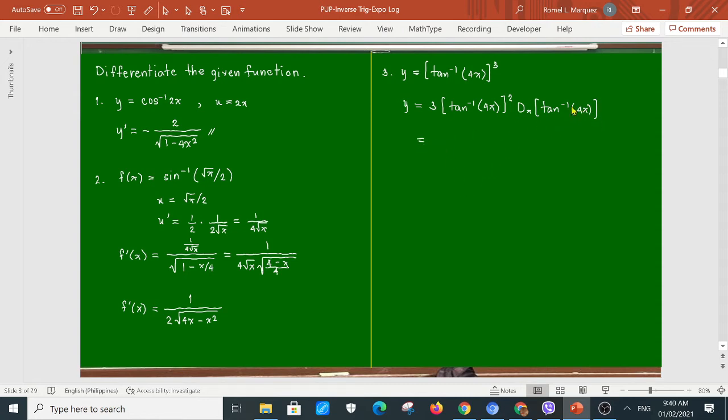But what is the derivative of inverse tangent? From there we can now apply directly the formula for the derivative of inverse tangent. And that is derivative of 4x, which is 4, over 1 plus the square of 4x, which is 16x squared. So that's it. Let's arrange our form.